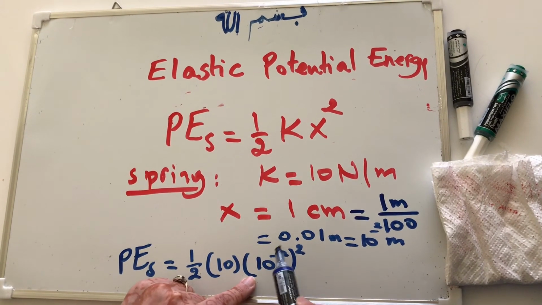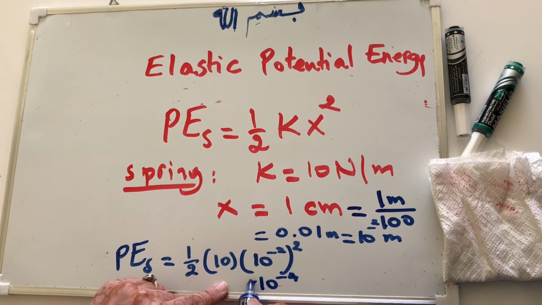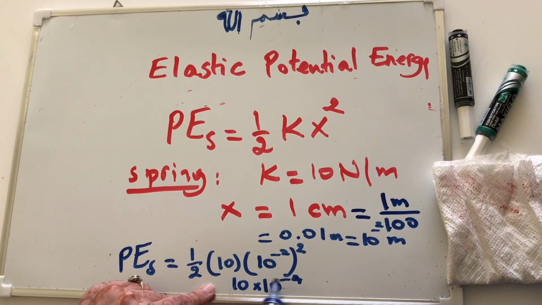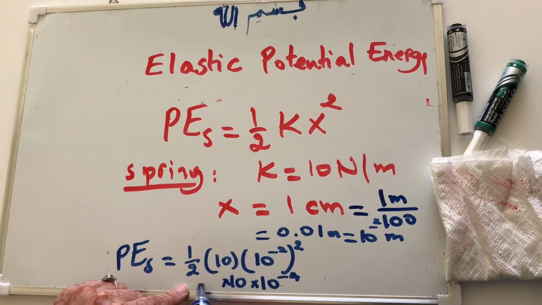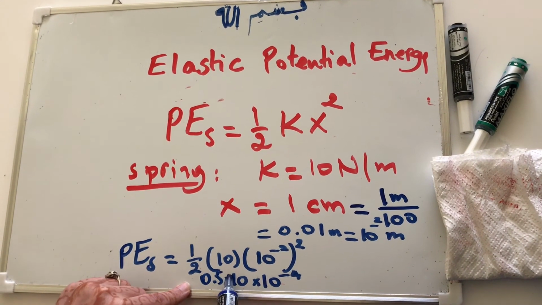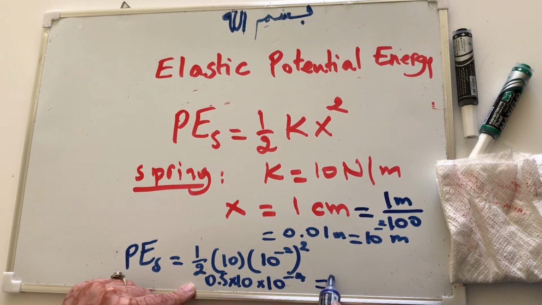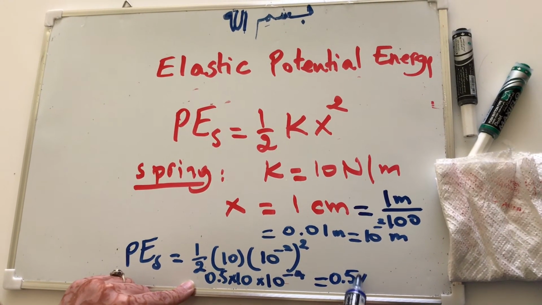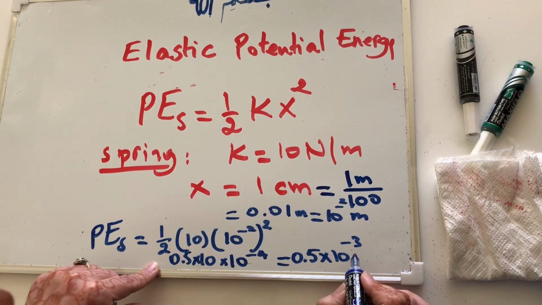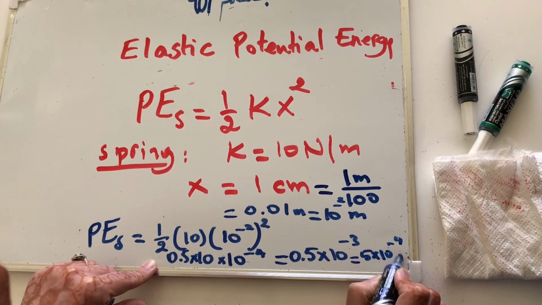When you square it, the calculator will give you 10 to the negative 4 times 10. I hope you know your exponents. This gives you 10 to the negative 3, then times 0.5, which gives 0.5 times 10 to the negative 3, but in scientific notation it's 5 times 10 to the power negative 4 joules.